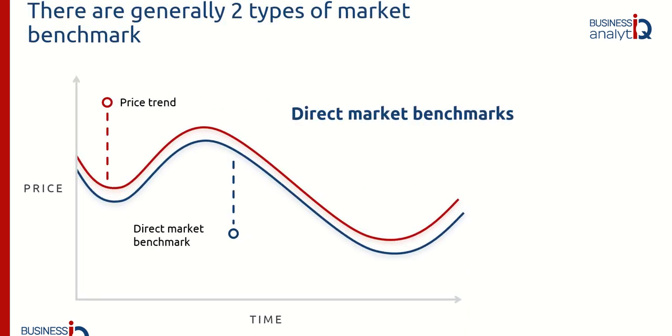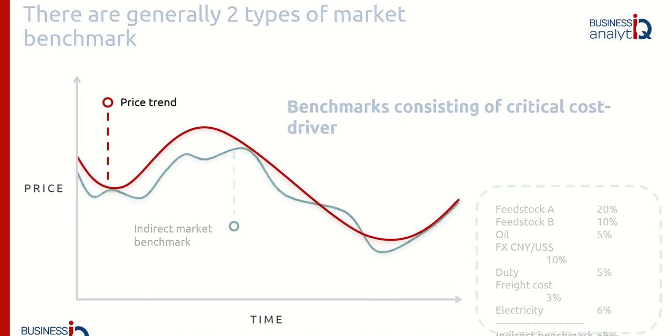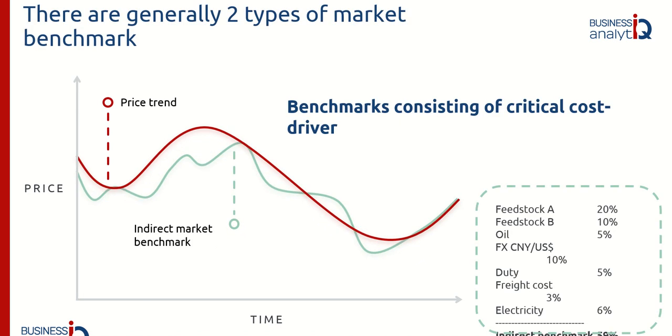And we talk a little bit about different kinds of benchmarks, right? There are generally two types of market benchmarks. There are direct market benchmarks that give you kind of an equivalent product over time that you're buying, or in some cases we help companies set up indirect benchmarks where we track a cost driver combination, and that's the example that I'll show you.